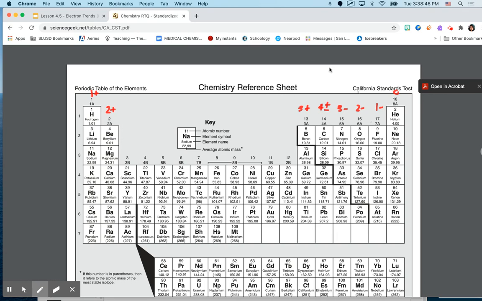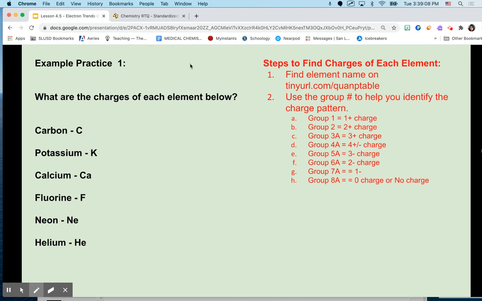This helped me find the charges a lot faster when I was still new to identifying the patterns in charges. It just helps me a lot more. But if you don't have a printer, it's okay. You would just have to use your notes on the side.